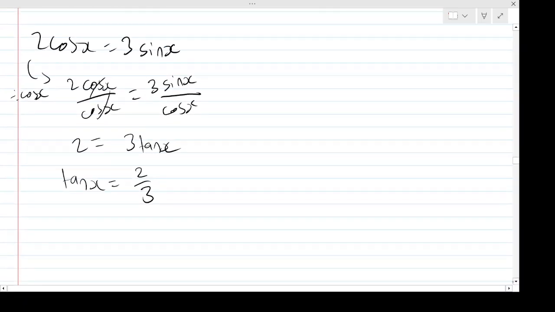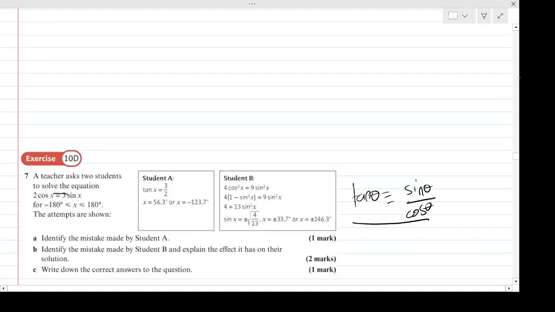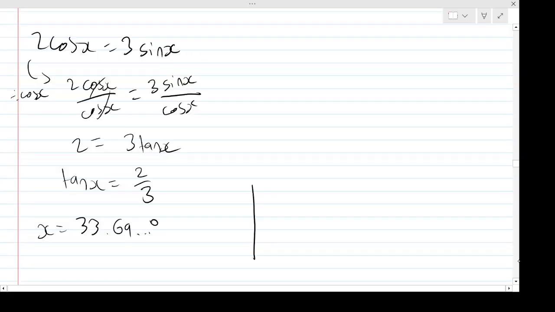So if I do inverse tan, I get the first solution of 33.69 degrees. To find the other solutions, let's consider the tan graph. We remember we are between minus 180 and positive 180, so that's what we're going to work with. If we draw a tan graph, it'd be 90 there, and then 180 there, and then we need to go to negative 180 as well.